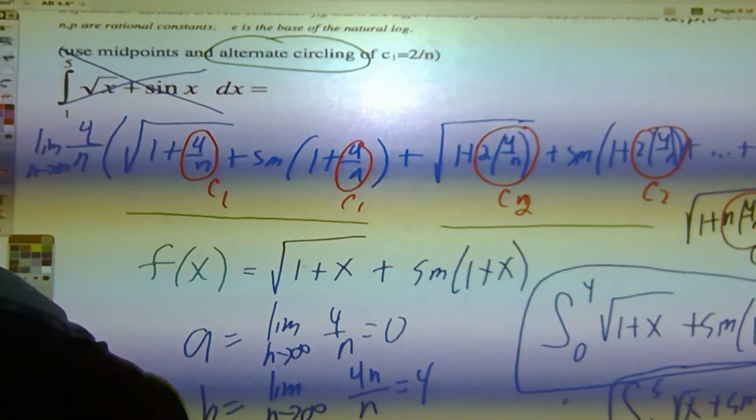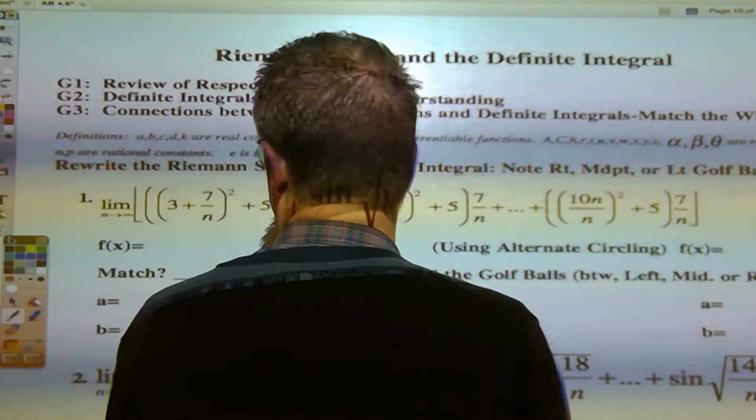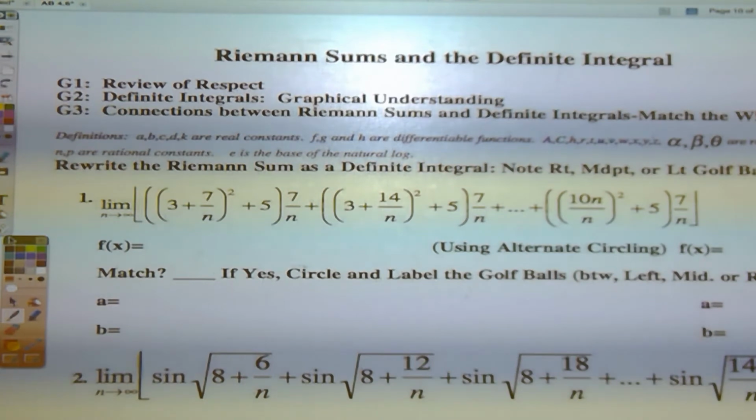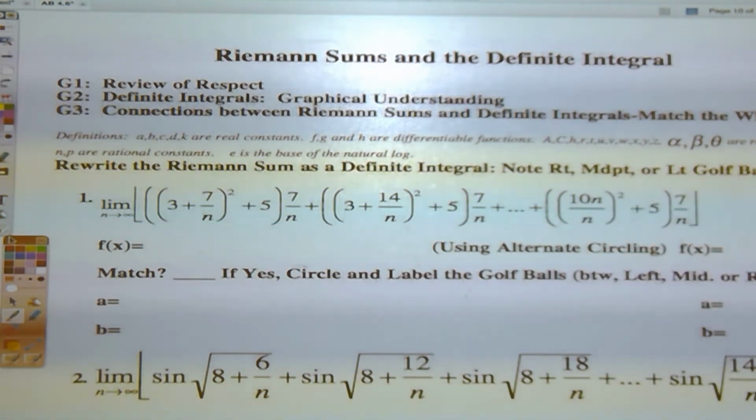So on the next page, let's take a look at problem 1. It says rewrite the sum as a definite integral. Note whether it's a right, midpoint, or left-hand Riemann sum. So there's more than one way to circle this.